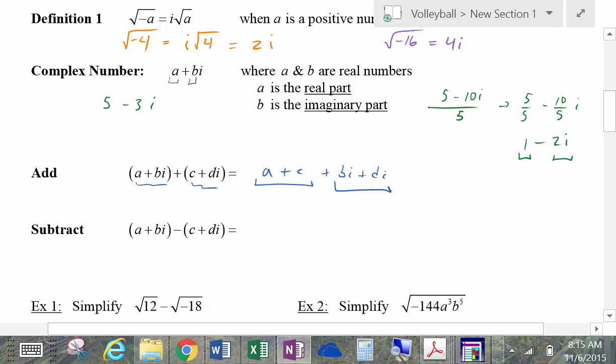All right, how would you imagine you would do the subtraction? Same way, only difference, just distribute your minus sign, because it's a binomial. a minus c plus bi minus di, and you're adding the like terms together, the real numbers and the imaginary numbers.